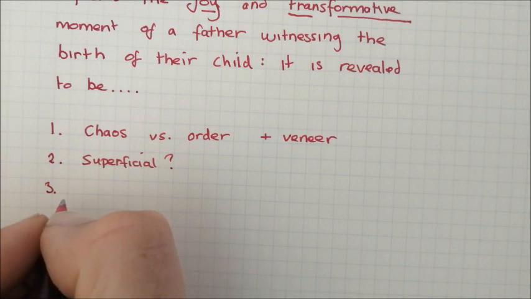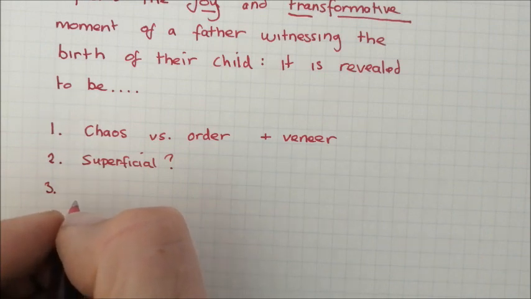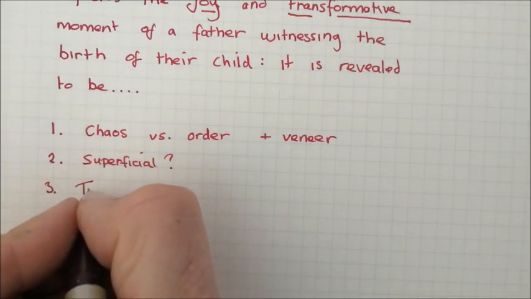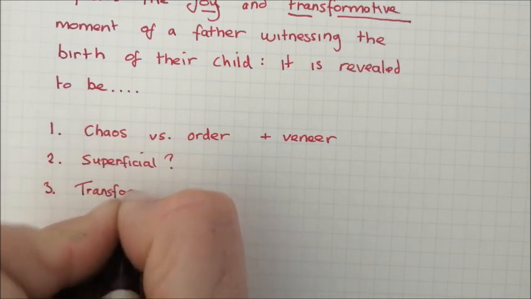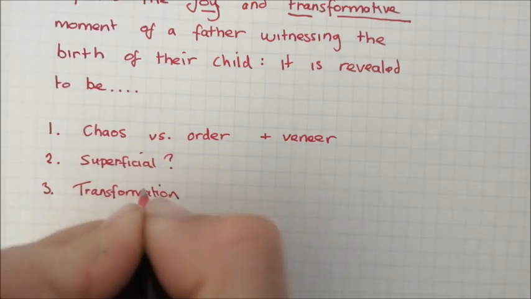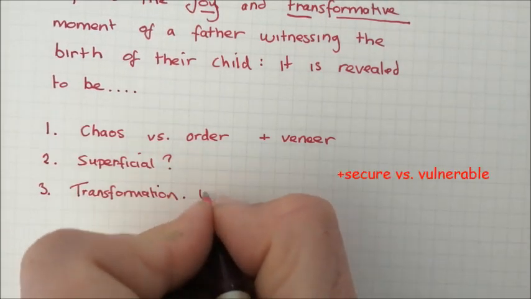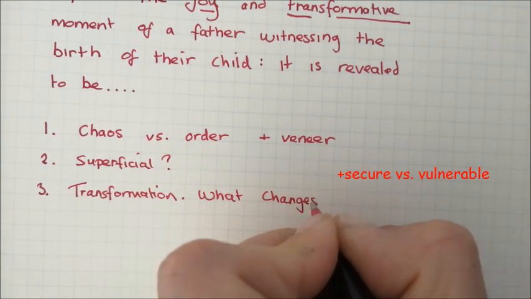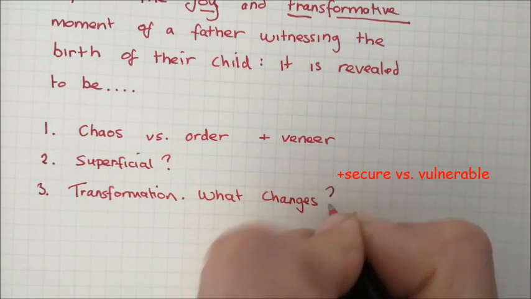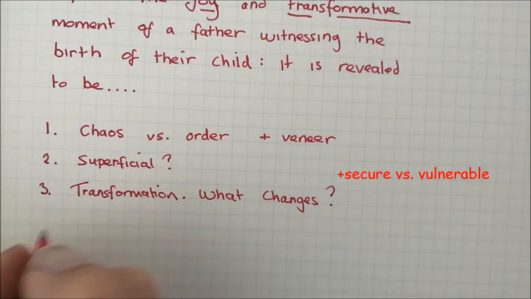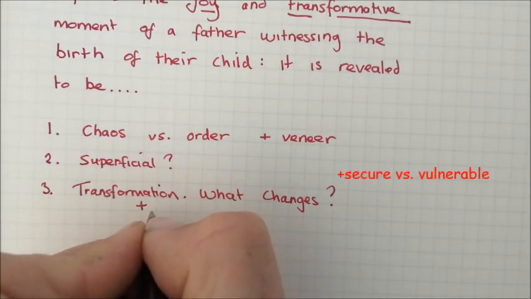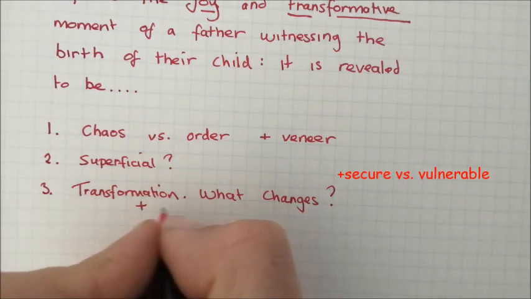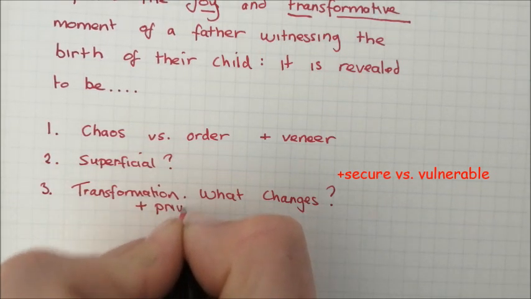Number three, we have the transformation. That's easy to say, but you have to say what changes. You have to describe that to me. What changes? And then what I want you to add is you can explain why that privilege, why that change is a privilege.